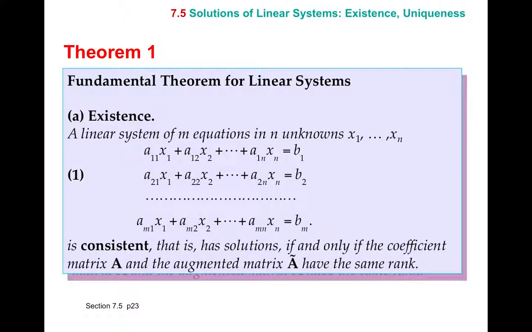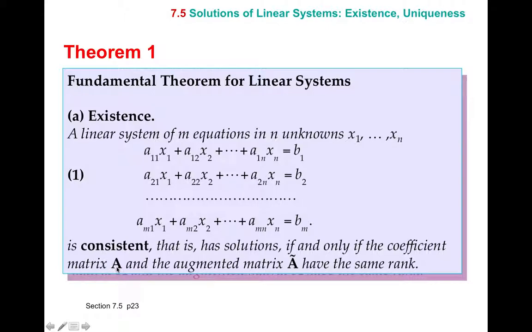So, there is a fundamental theorem in linear systems that basically states that if we have a linear system of m equations and n unknowns, so our variables run from x subscript 1 to subscript n, this is consistent or it has solutions if and only if the coefficient matrix and the augmented matrix have the same rank.